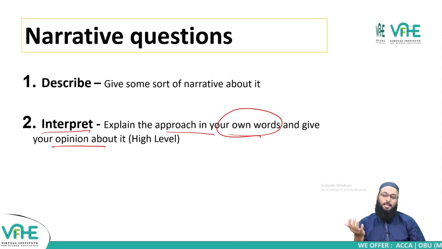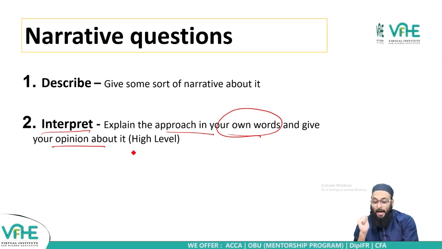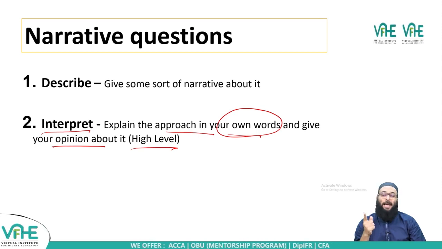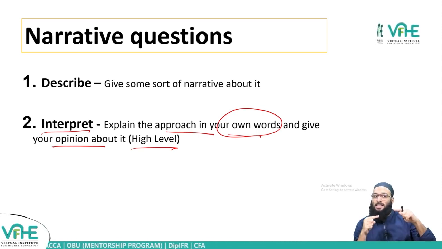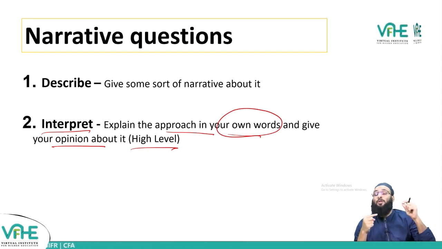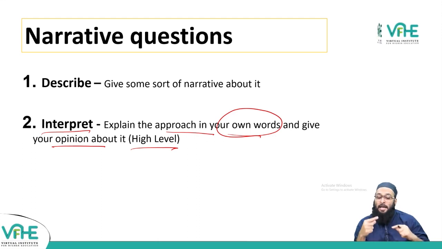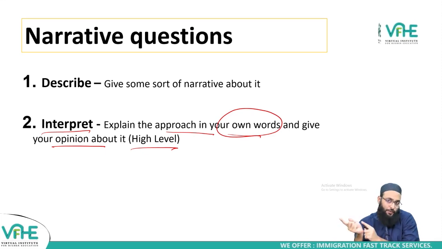That is known as interpretation. It's a high-level verb, which means any high-level verb will require application to be done according to the scenario. It will require a link to be made with the scenario. It will be considered an application-based question.